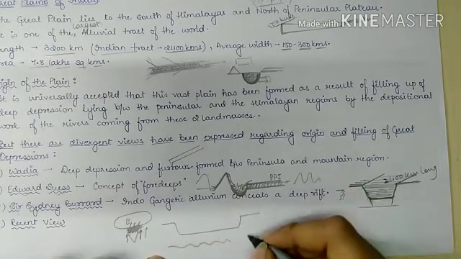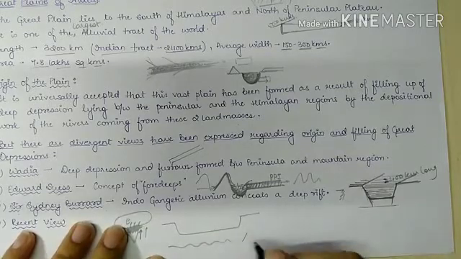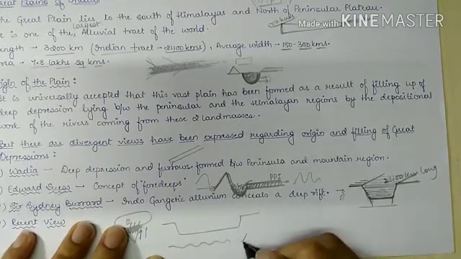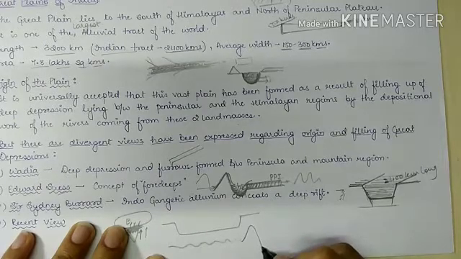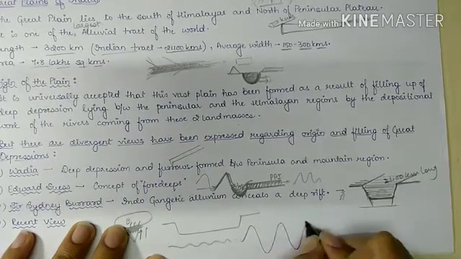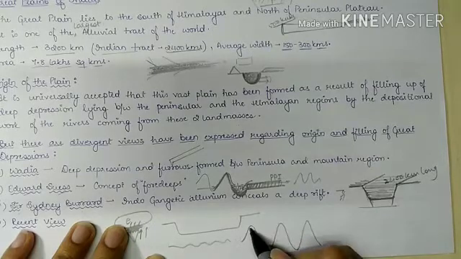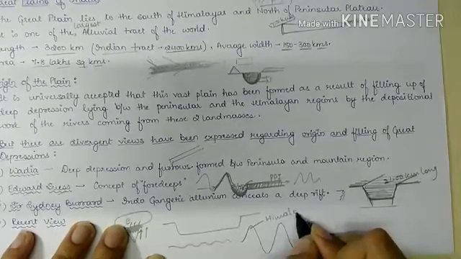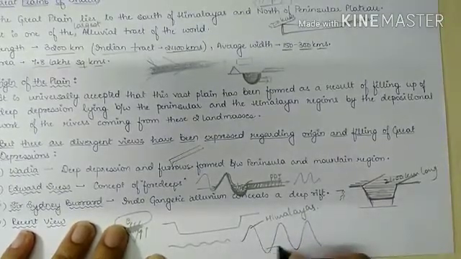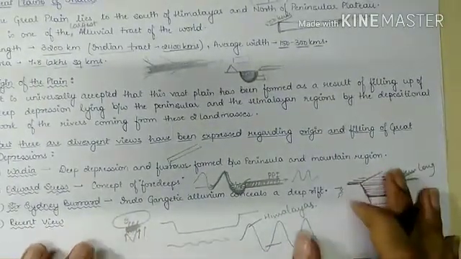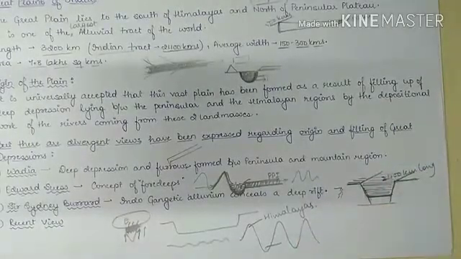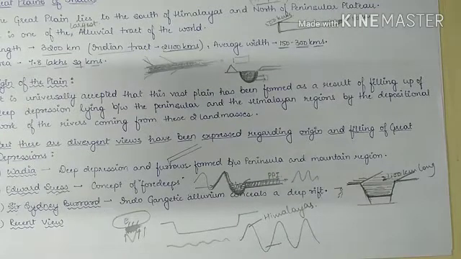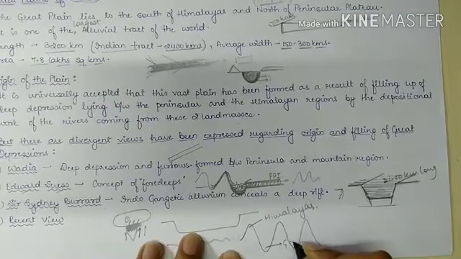In folding we all know that anticlines and synclines are formed, crests and troughs. The anticlines were the Himalayas, and the synclinal valley in the south of the Himalayas was forming what was later known as the Great Northern Plain.